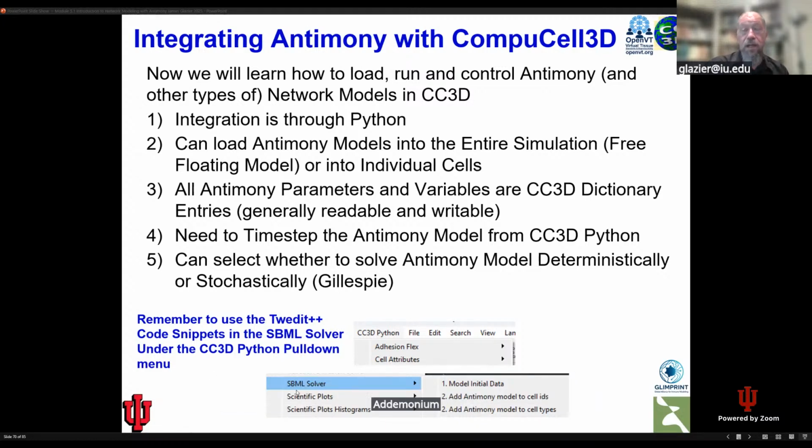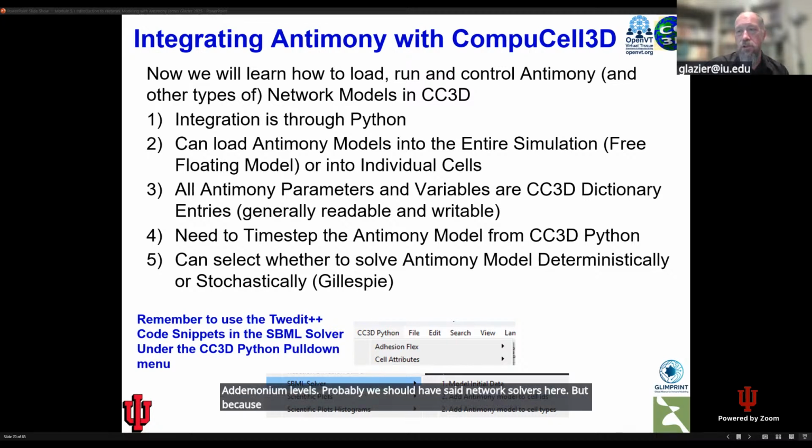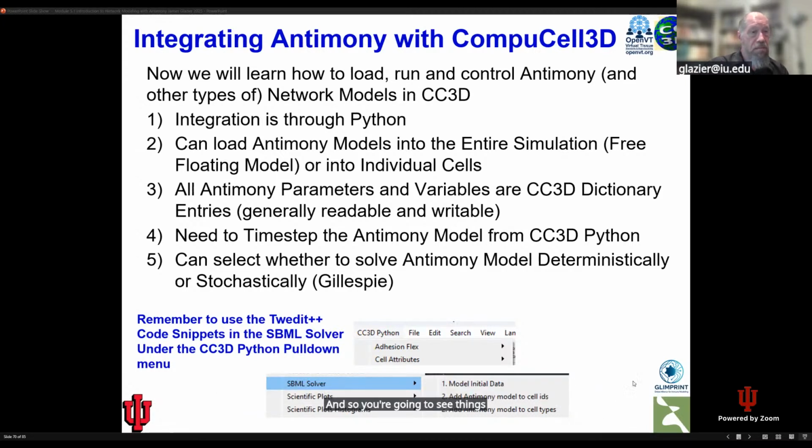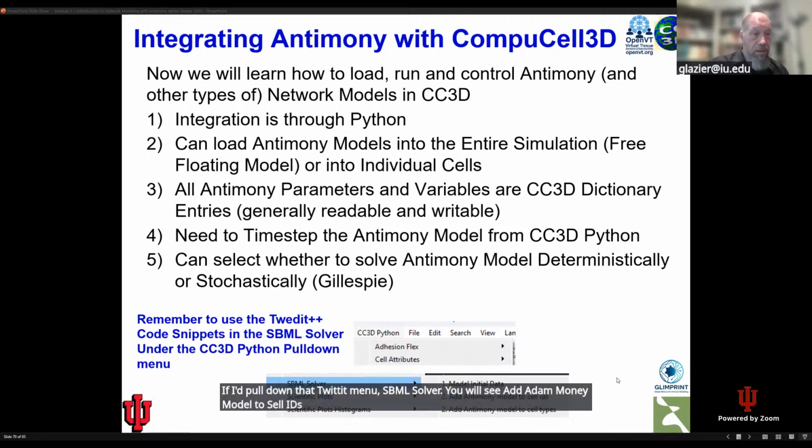Probably we should have said network solvers here, but when this was done originally, we were only supporting SBML. It says SBML. And so you're going to see things that say SBML when you really mean Antimony. If I pull down that Twedit menu, SBML solver, you will see add Antimony model to cell IDs, add Antimony model to cell types, and so on. I can show you that in a minute.